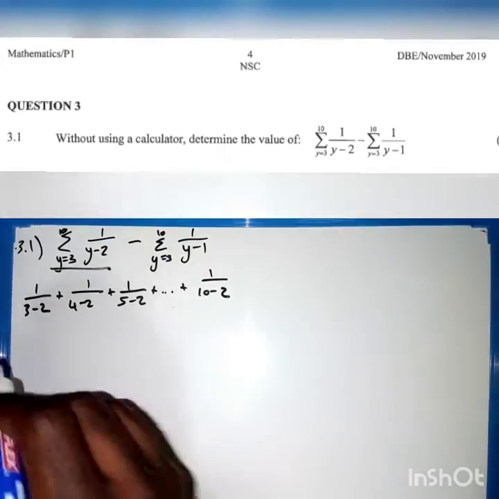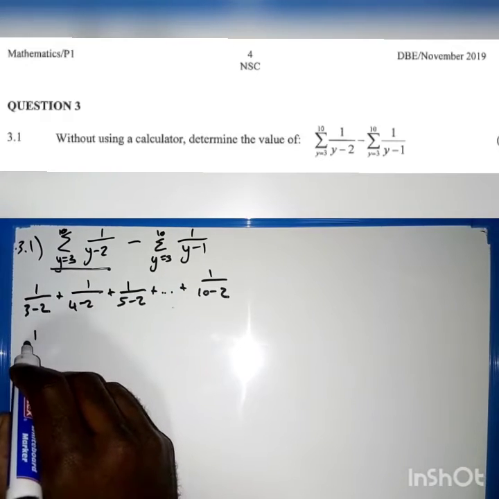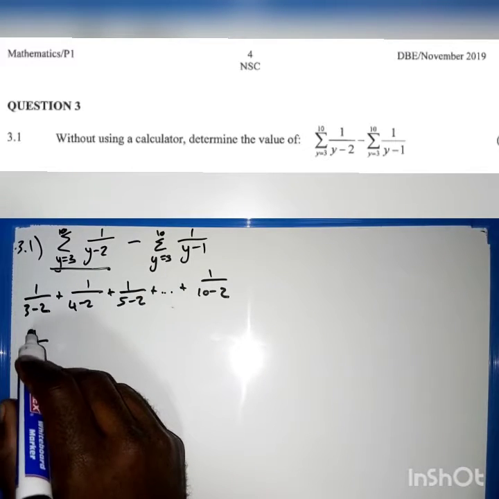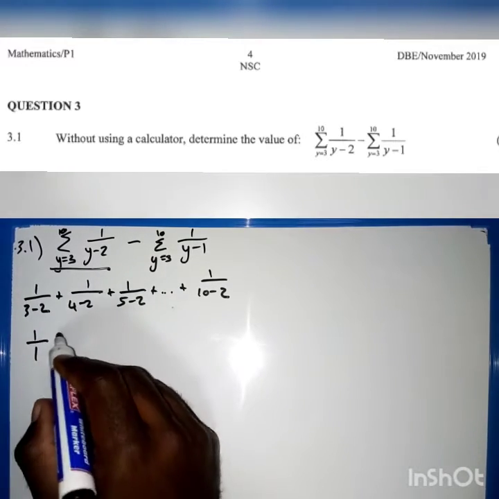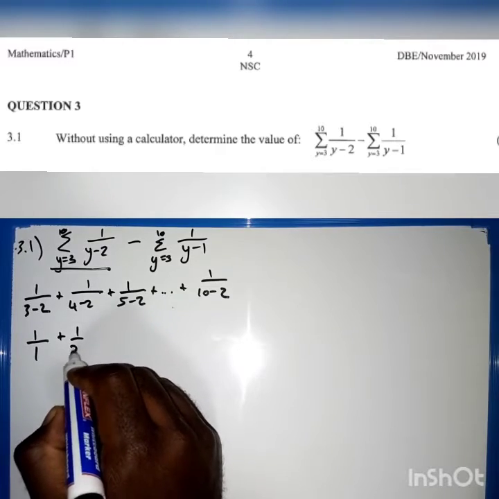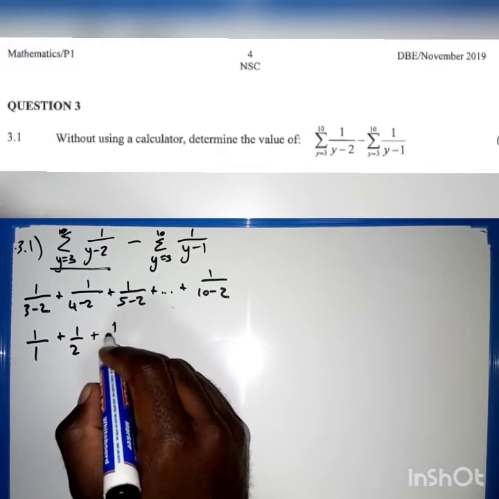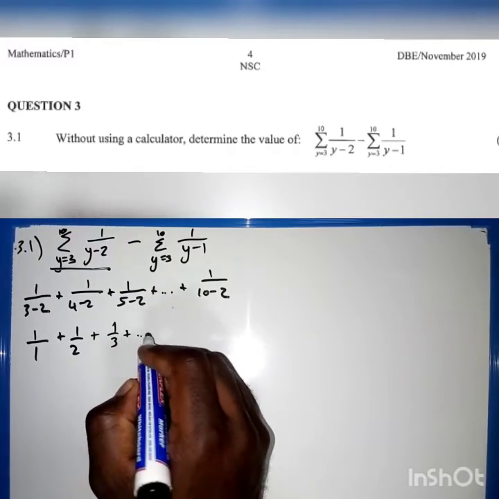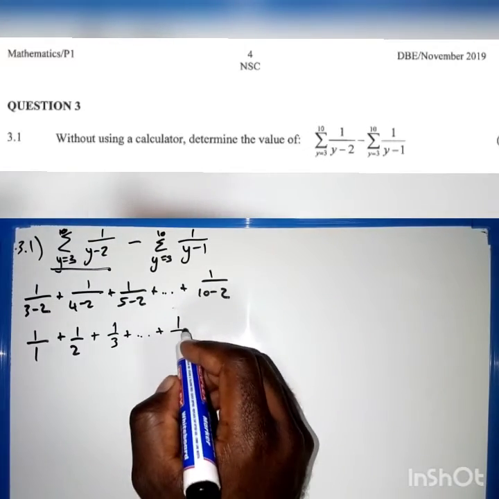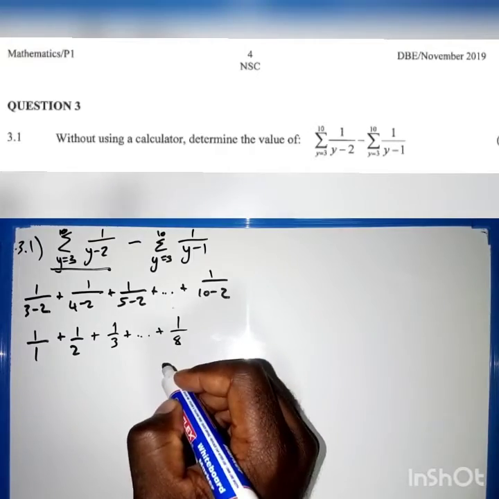So this will give us 1 over 1 plus 1 over 2, plus 1 over 3 plus, and then it carries on, plus 1 over 8.